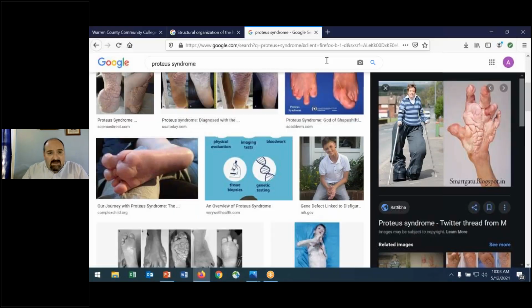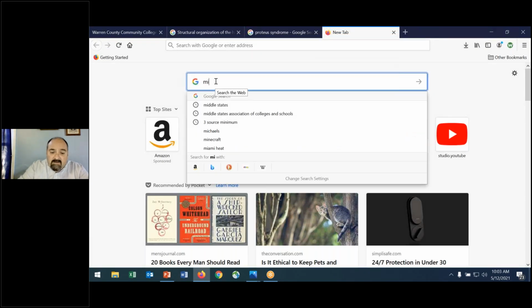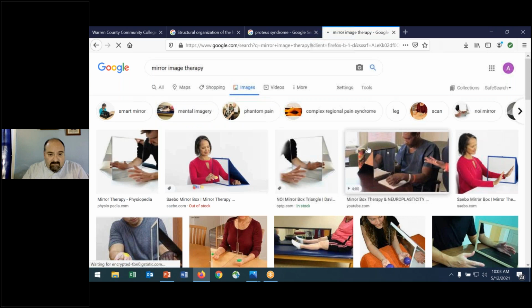And so they'll do mirror image type therapy. So let's look at an image here. This is quite interesting.